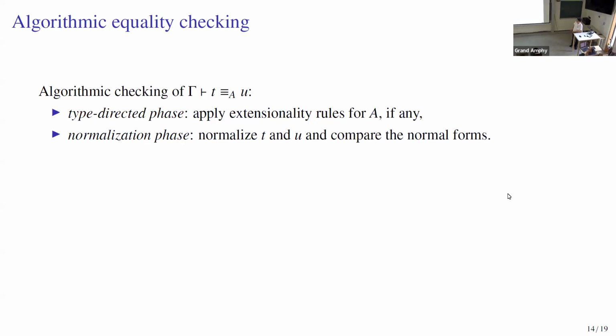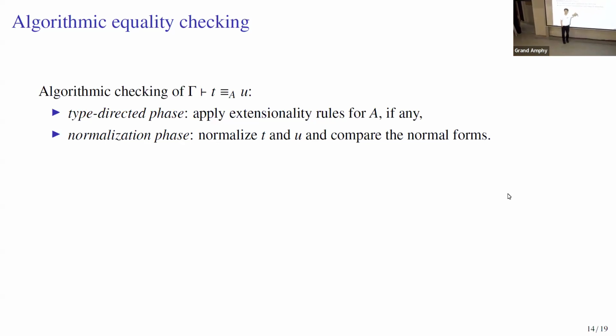Okay. So how is algorithmic checking going to work? It's going to have two phases. To algorithmically check that T and U are equal at type A, there's going to be first a type-directed phase, where we look at this type A. Depending on the form of A, if we see that it's a product, then we use the extensionality rule for products.